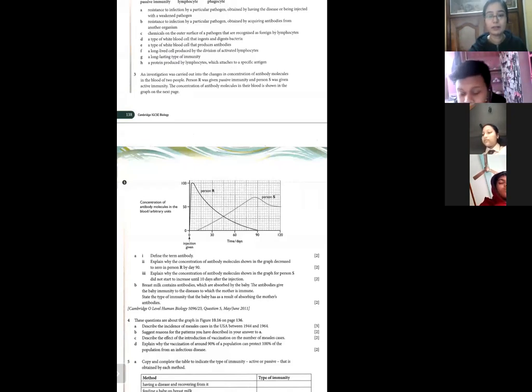Okay, I'm telling it from the very first. First line: The concentration of antibody molecules shown in the given graph decreased to 0 in person R by day 90.